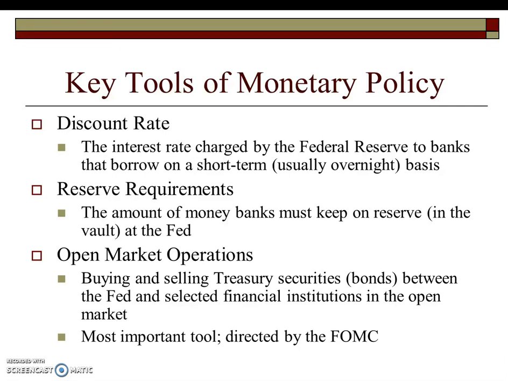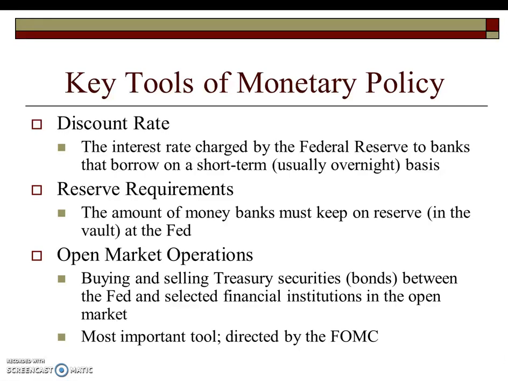With reserve requirements, if we lower the amount of money that banks have to keep on reserve, that's more money banks can loan. If banks can loan more, it's more money that we borrow. We buy more things: cars, houses, open a new business, all that kind of stuff. So again, if you raise or lower that reserve requirement, you can affect the money supply. You can affect the economy as well.